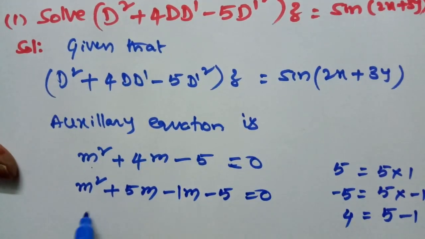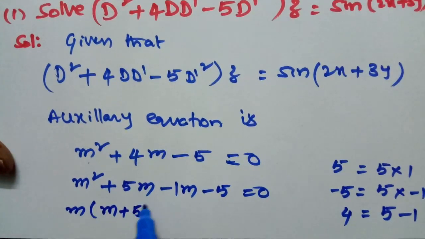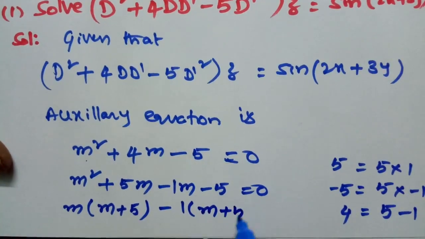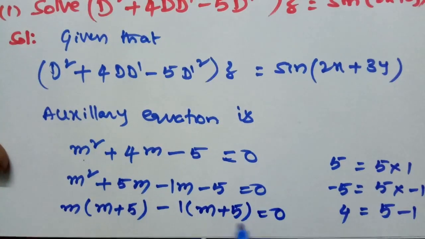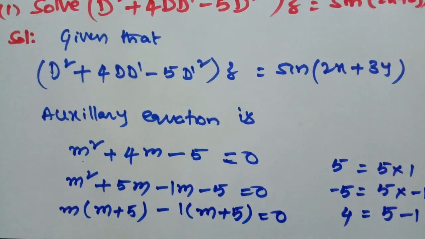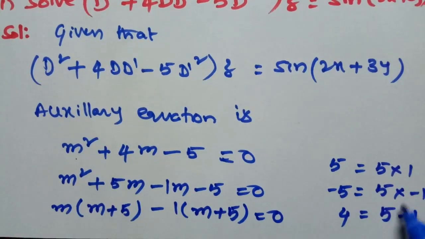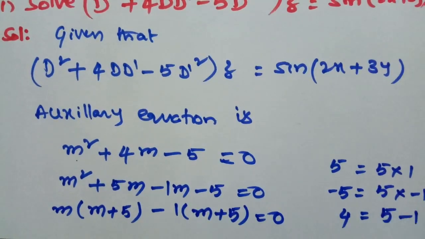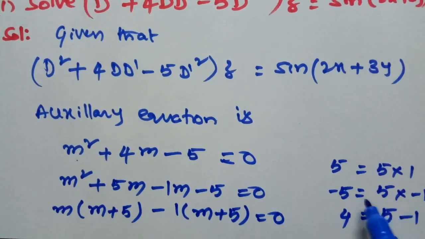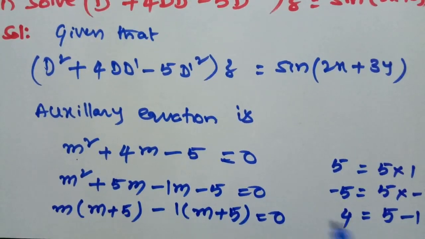In the first two terms, m is a common factor: m into m plus 5. Minus 1 is a common factor in the last two: minus 1 into m plus 5. Here we have written only the coefficients for the rough calculation, to find the factorization and the roots.